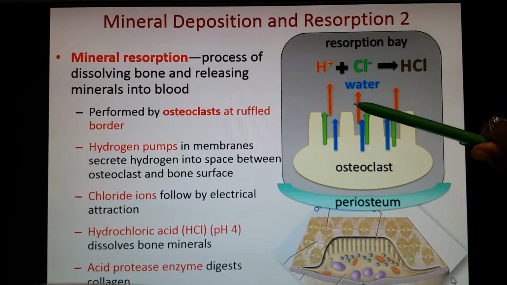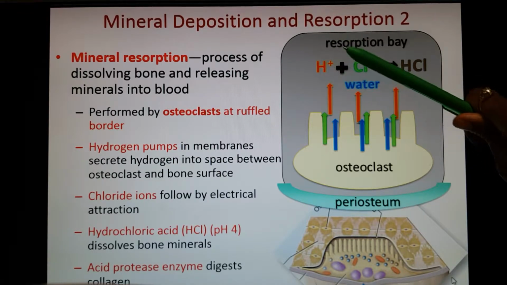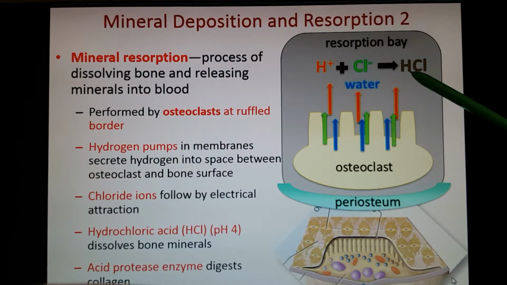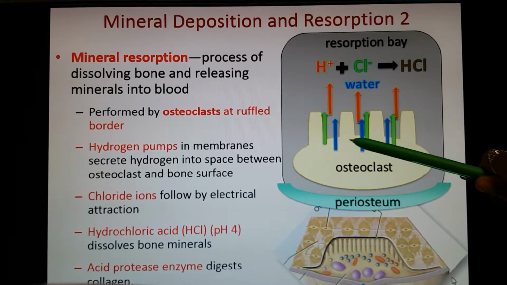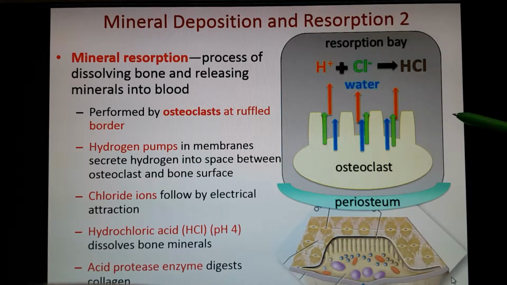That chloride ion just freely flows out of the cell, combining with hydrogen to form hydrochloric acid, a very strong acid. Water also flows osmotically, producing that whole solution. The hydrochloric acid in the water helps to dissolve the bone, making a bigger hole, or bigger resorption bay.